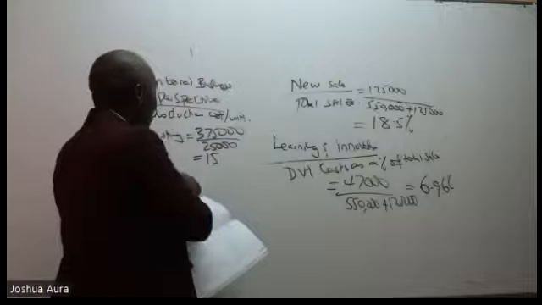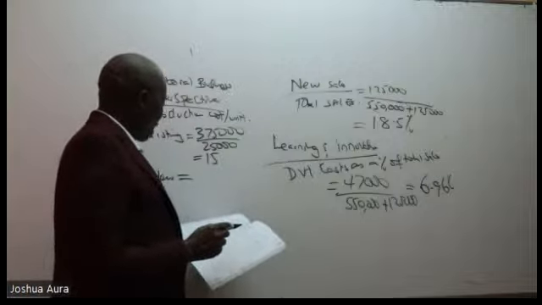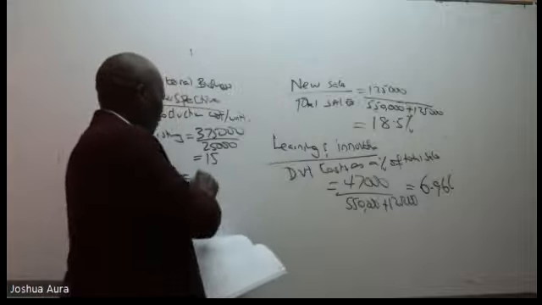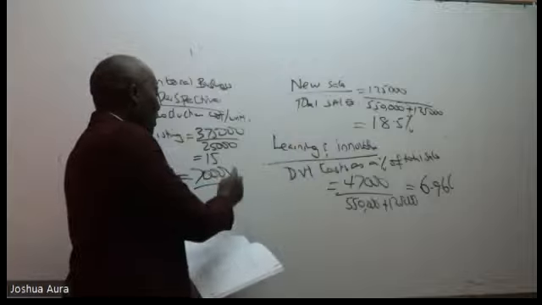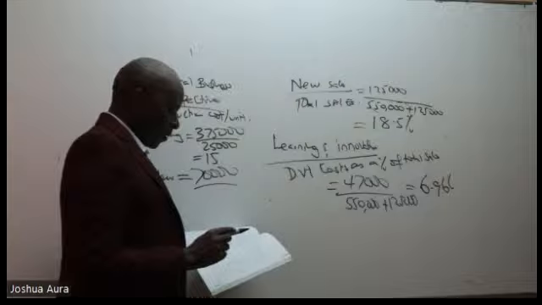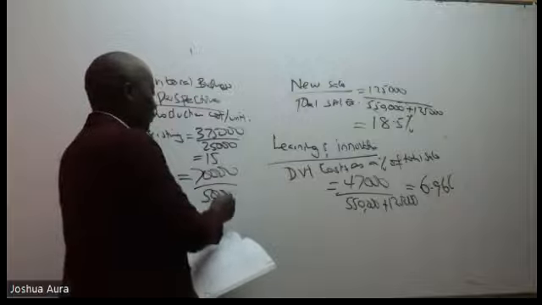And then the new, ladies and gentlemen, I can see production cost there. Production cost for the new is 70,000. Divide this by the new units which were produced, which were 5,000.